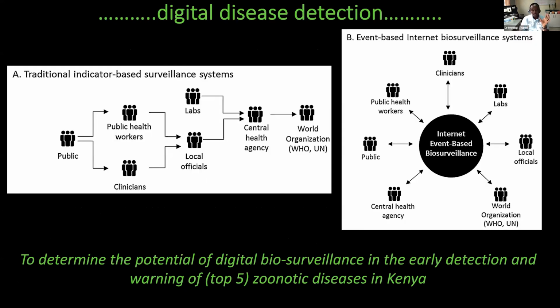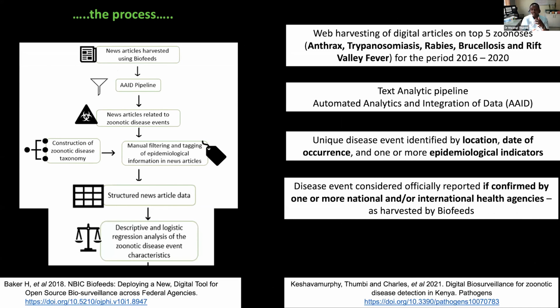The second part of my talk was to just present some other work we have done, looking at a comparison of what internet event-based biosurveillance would tell us about the potential for digital biosurveillance in the early detection and warning of the top 5 zoonotic diseases in Kenya, which are rabies, anthrax, trypanosomiasis, brucellosis, and Rift Valley fever.